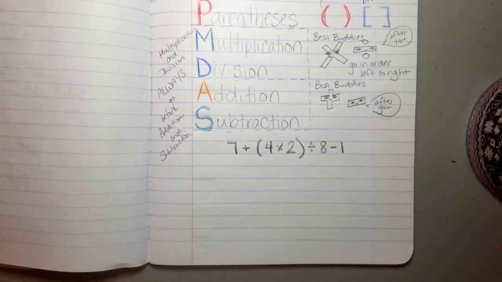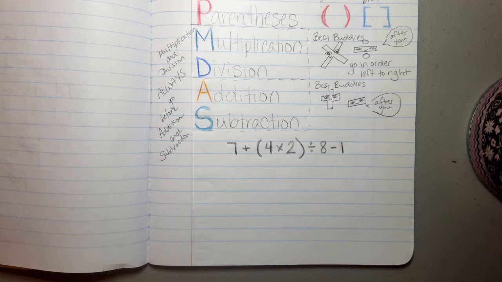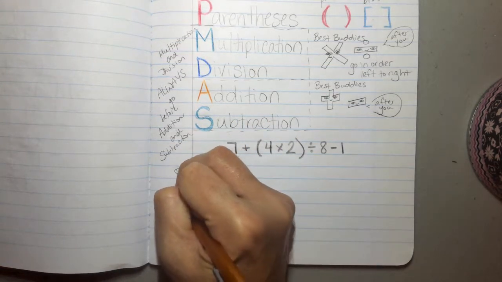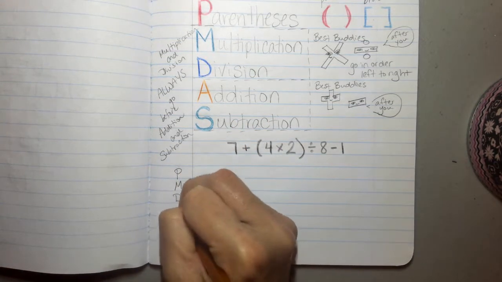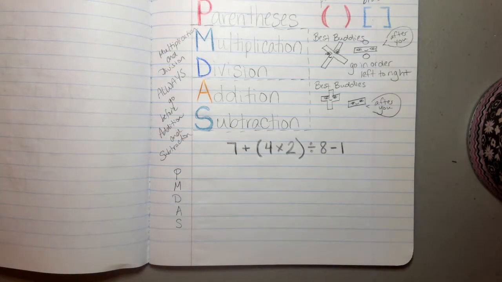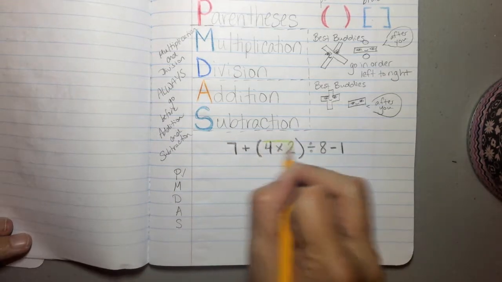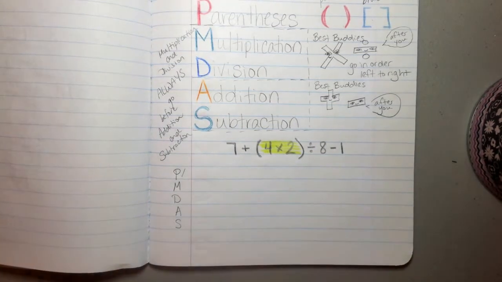That is going to be my problem. So I have my little PEMDAS. I'm going to make myself a little checklist, PEMDAS, right here on the side. I start with the P, parentheses. This part right here is what's in the parentheses, 4 times 2.